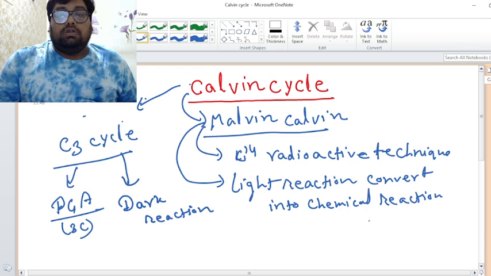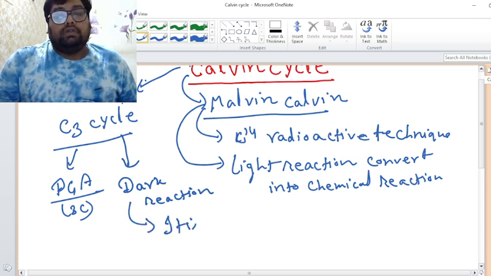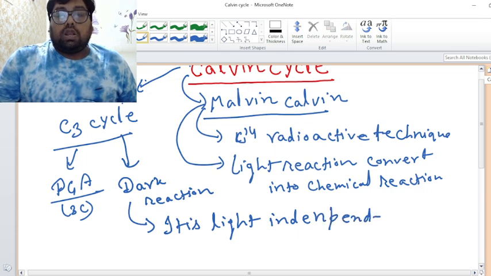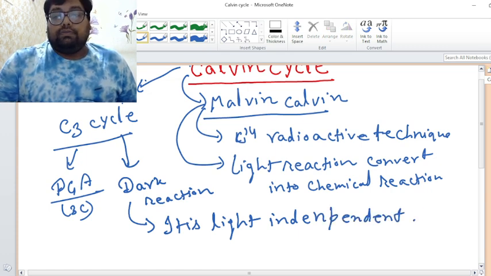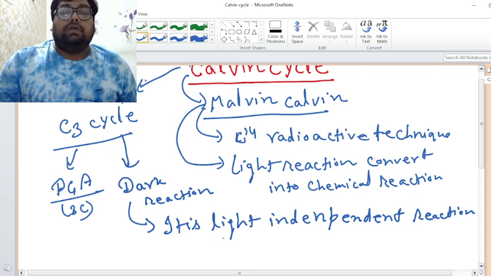Why do we call the C3 cycle the dark reaction? Because the C3 cycle is a light independent reaction. Why is the C3 cycle known as an independent reaction?